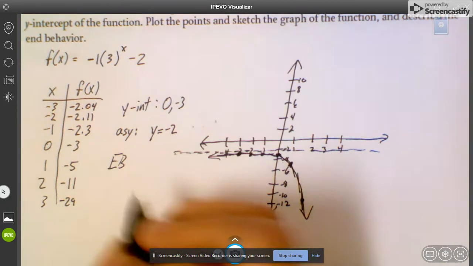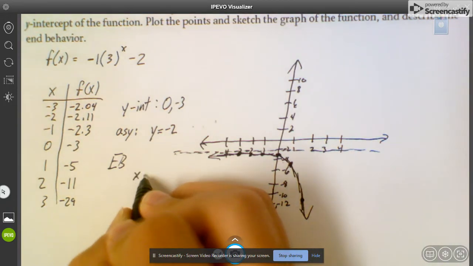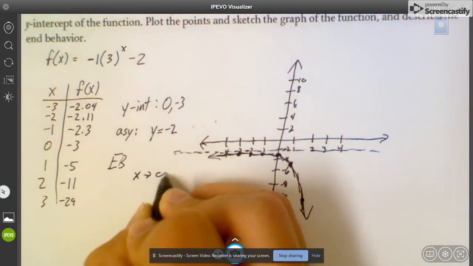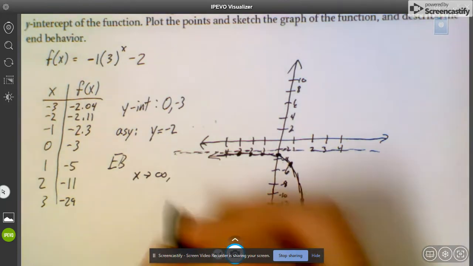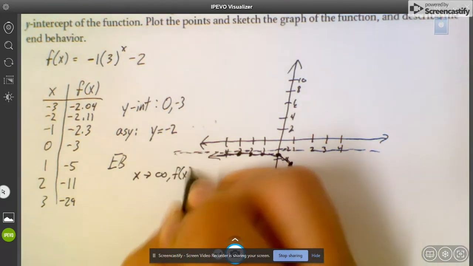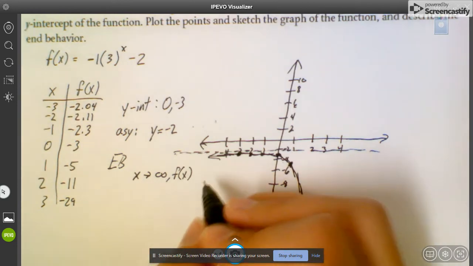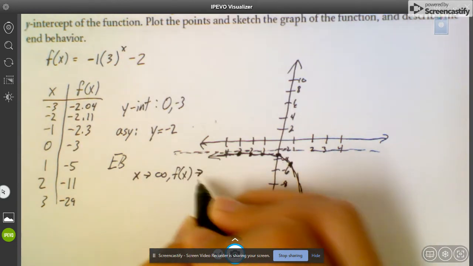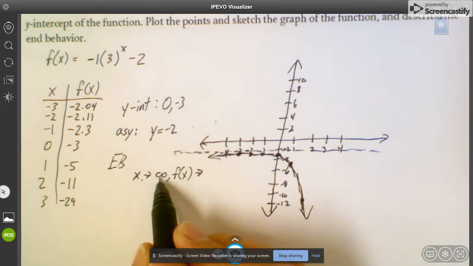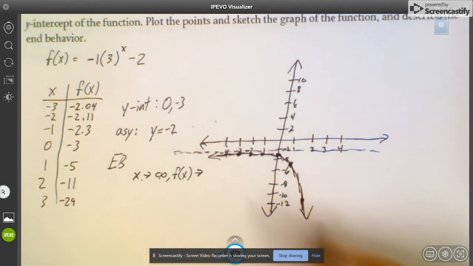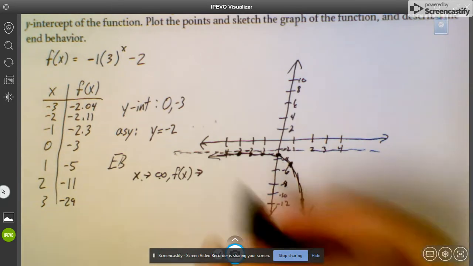All right. So the end behavior is as x approaches infinity. I always do the right side first, and then I do the left side. It really doesn't matter. You also could put the f of x's first instead of the x's, but again, that also is preference. So as x approaches infinity, as my x values go to the right, my f of x's go down, and they're going to keep going down to negative infinity, right?